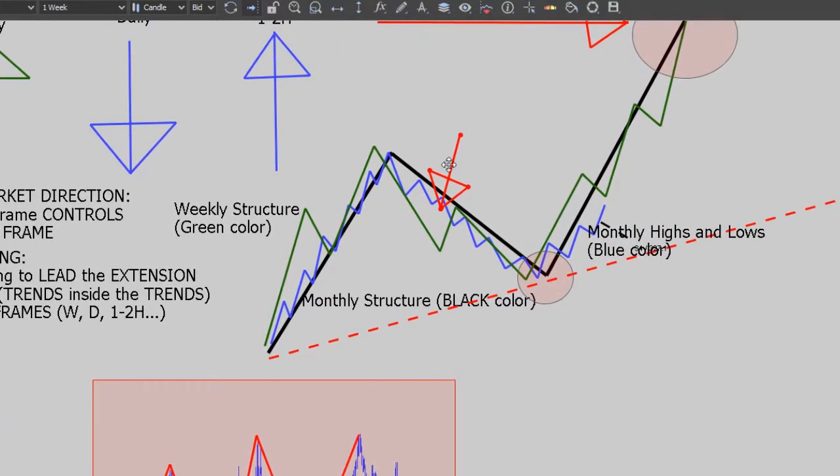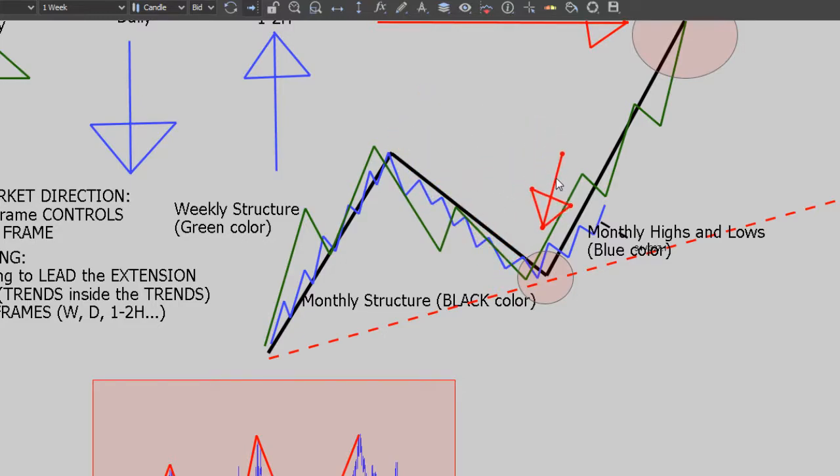What do I mean? Until the black, the monthly, is down, is retracing, right? You are going to have on the weekly and daily trends inside this. The smaller the time frame, the bigger is going to be the trend.